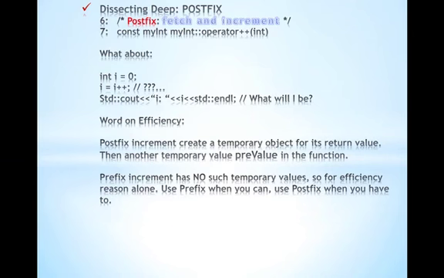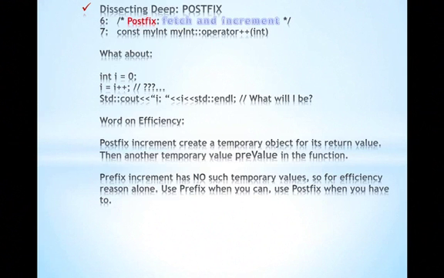Look back at the implementation of operator plus plus for the postfix. The first thing it does is store the current value of I, which is 0, and then it increments the value in memory. That's where you dereference the pointer and increment it.